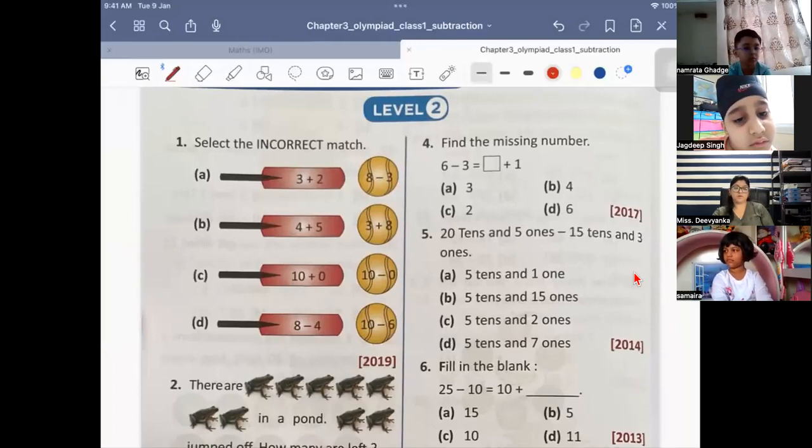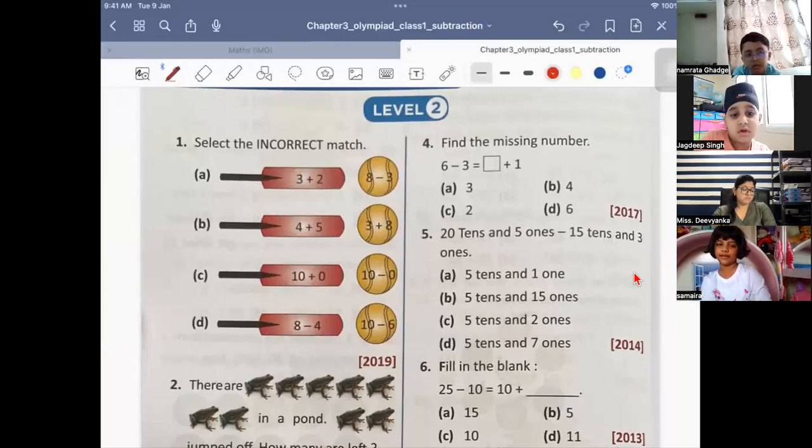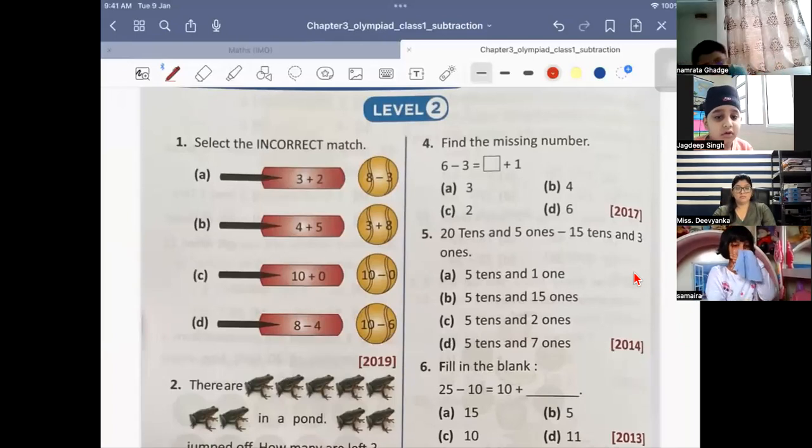Select the incorrect match. This one, first one, correct. Find which is the wrong one. 3 plus 2 is 5. 8 minus 3.